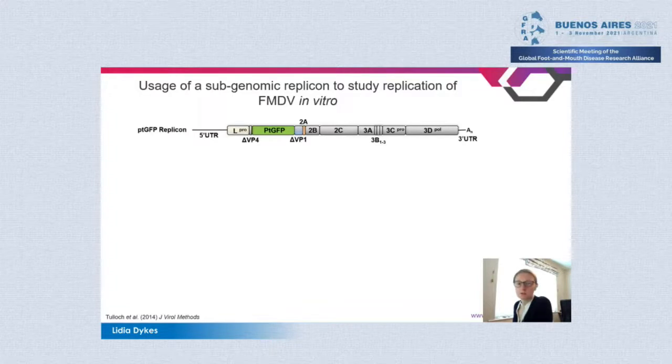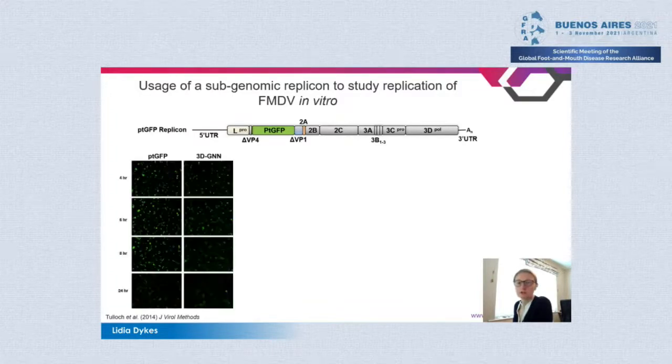Usage of the FMDV subgenomic replicon allowed for real-time monitoring of replication by amplification of GFP signal due to the replicon's translation and replication. To control for background GFP signal, we also included a replicon with an inactive polymerase, marked here GNN, which is unable to replicate and which gives GFP signal solely due to translation.